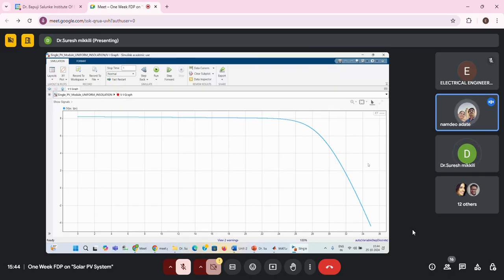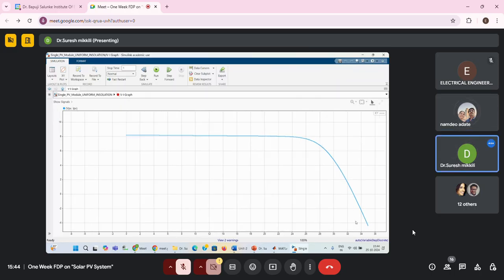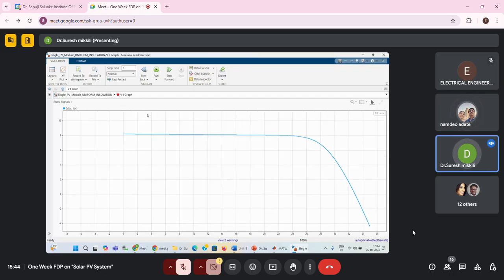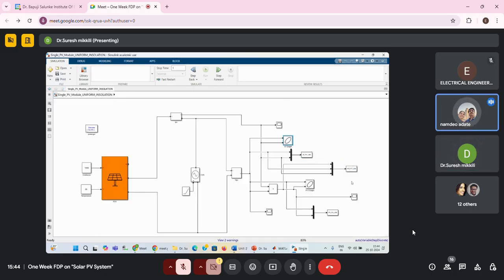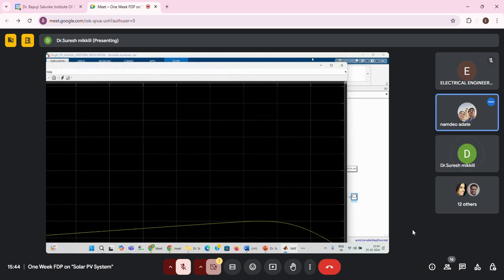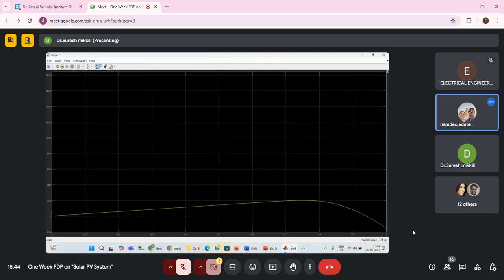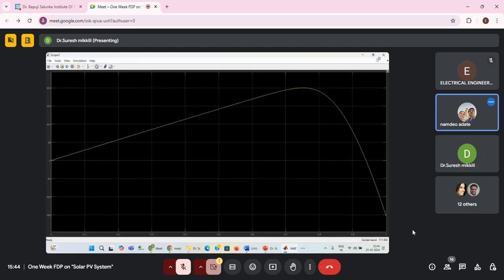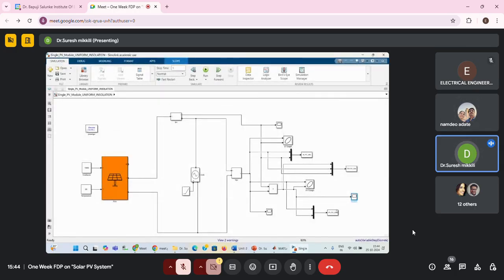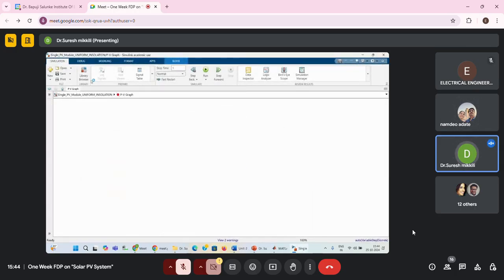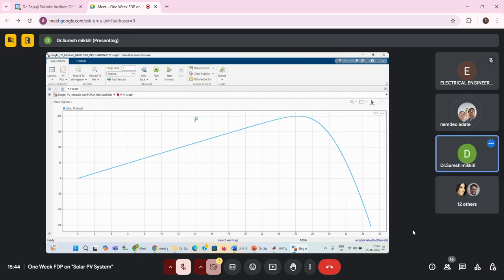Voltage 32, a little bit. The graph shows 8.21, and there is extrapolation. This is the output, then the PV curve is there.